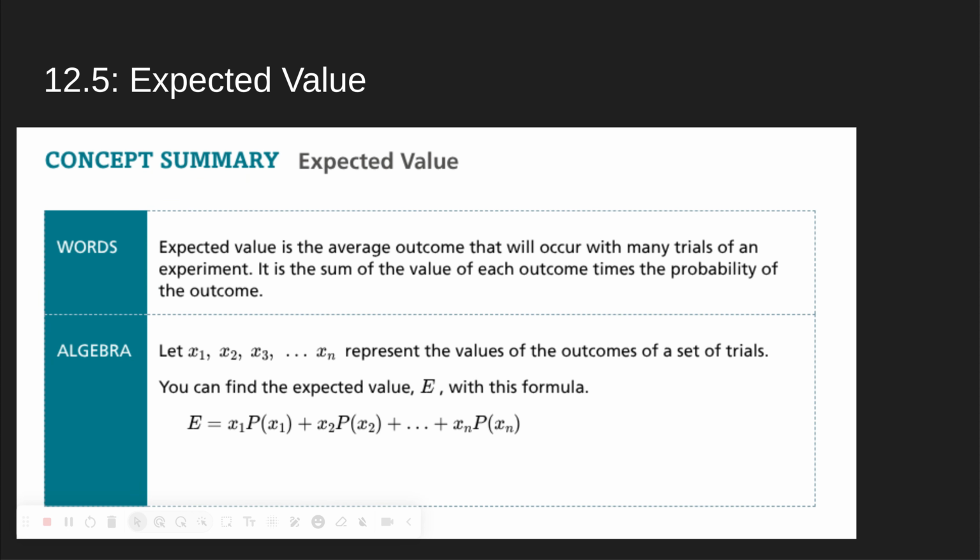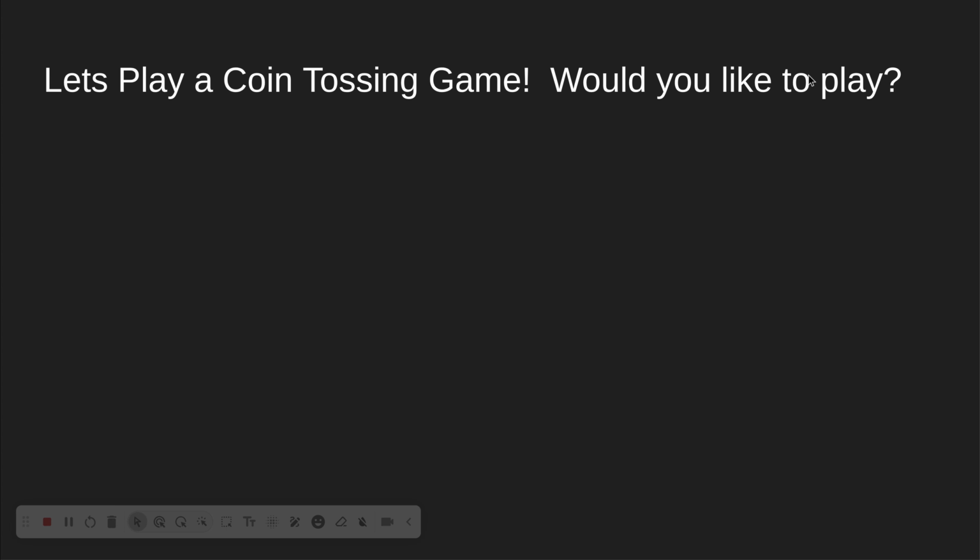So this is probably a little overwhelming for you guys to understand. So like anything else, examples kind of help us understand what the formulas mean. So let's play a coin tossing game, okay? Let's say that the game costs $1 to play, okay?